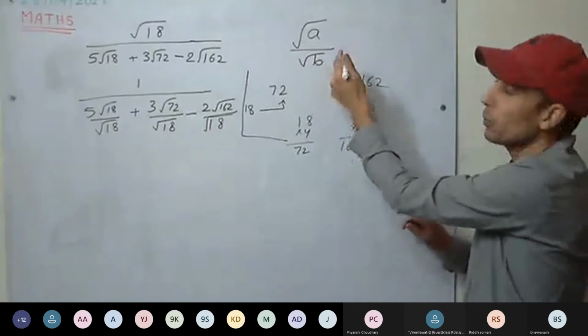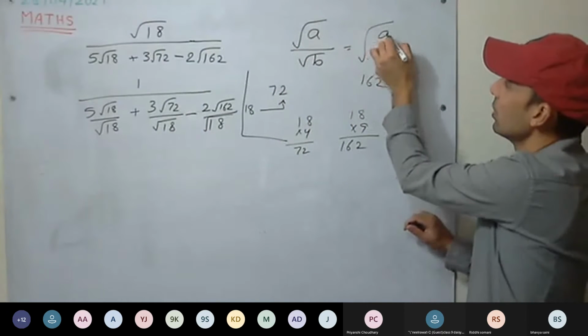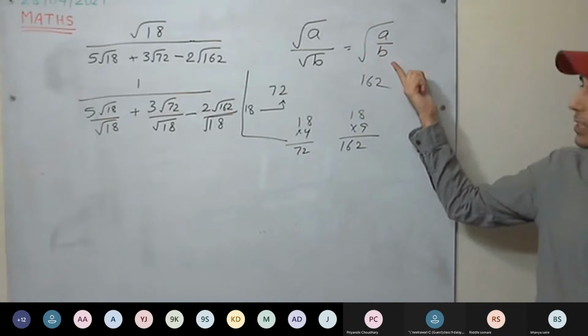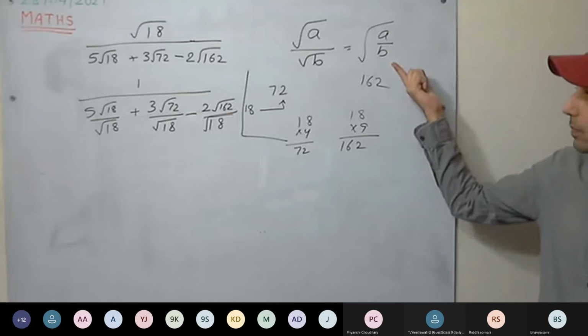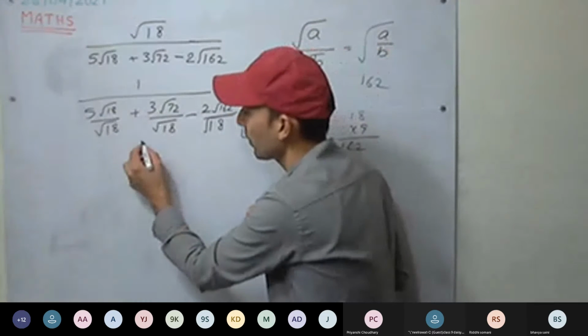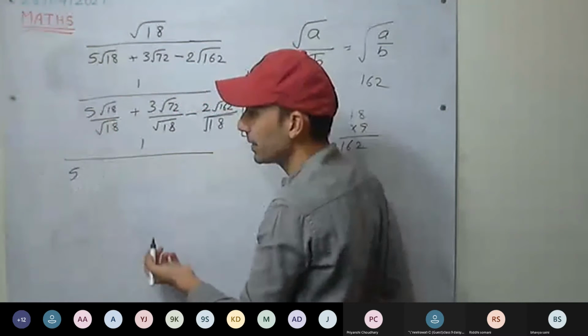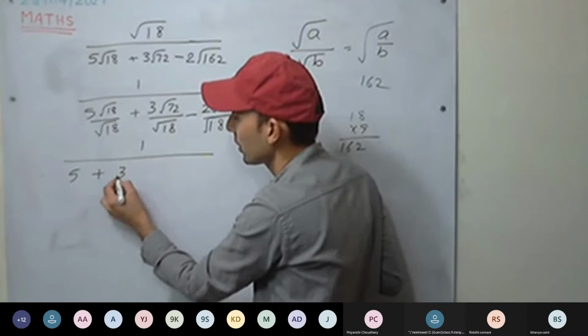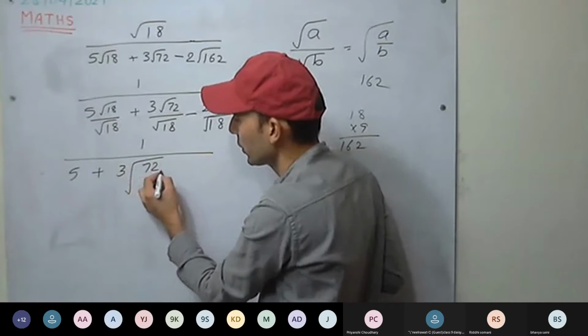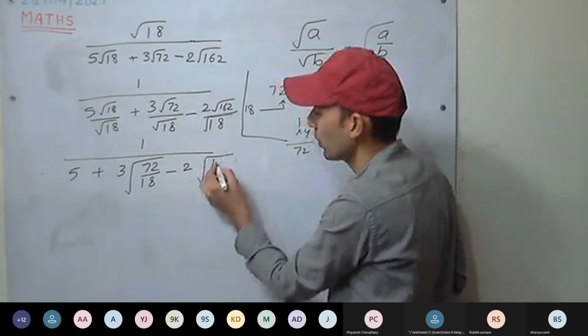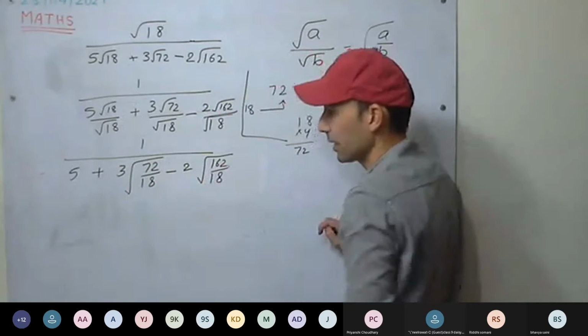Root a divided by root b, we can write it as the complete root of a by b. This is the property of indices. Next step: 1 divided by 5, root 18 gets cancelled, plus 3 root 72 divided by 18, minus 2 root 162 divided by 18.